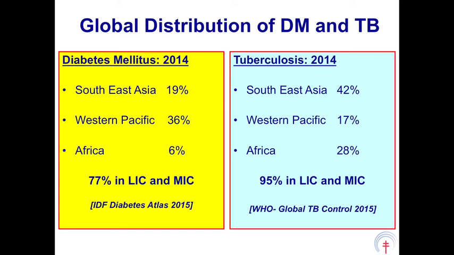So if we look at where these diseases are distributed, of course everybody knows that TB is largely a disease of people in low-income and middle-income countries. I think what is not so well known is that 3/4 of the diabetic burden globally also occurs in low and middle-income countries. Indeed, India and China head the league table here.